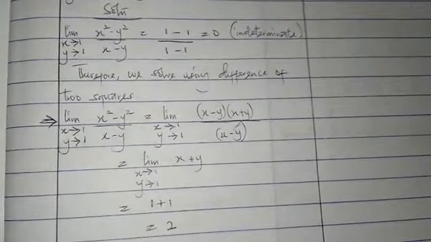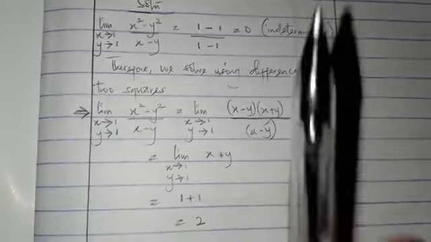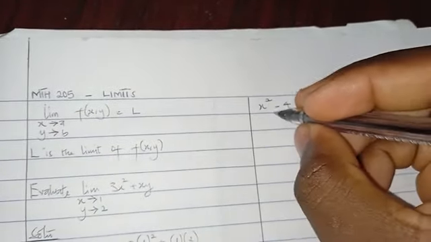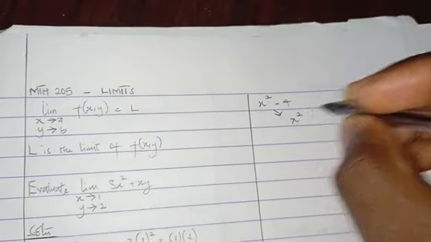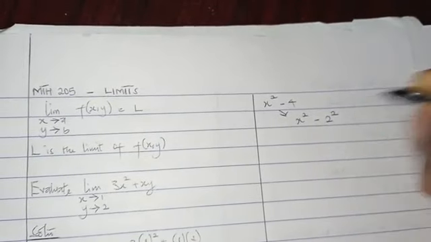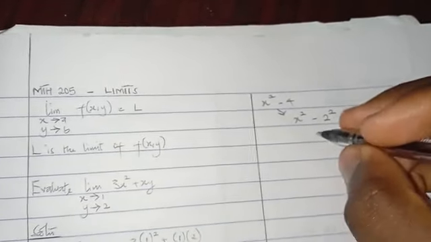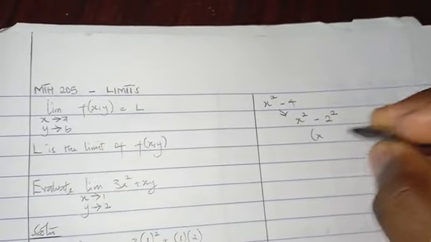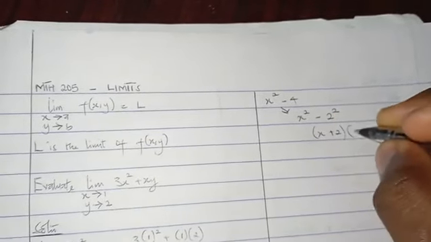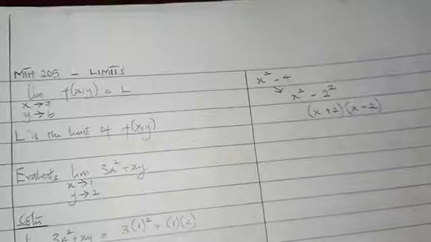So we use the difference of two squares. Assuming you have x squared minus 4, you can express this as x squared minus 2 squared. Using the difference of two squares, it's going to be x plus 2 times x minus 2.